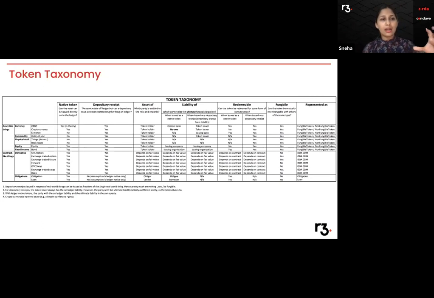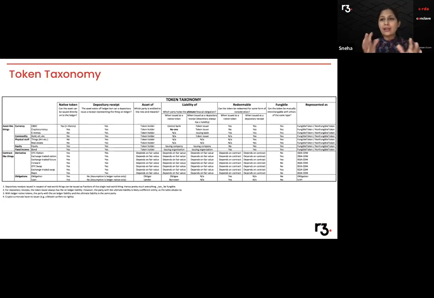Now, once you decide what your asset is, look at the vertical columns and see whether the asset can be directly issued on ledger, in which case it's a native token, or whether the asset exists somewhere outside in the real world and you want to issue a depository receipt on the ledger.